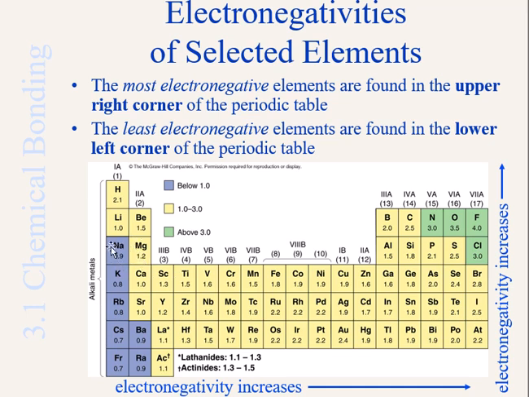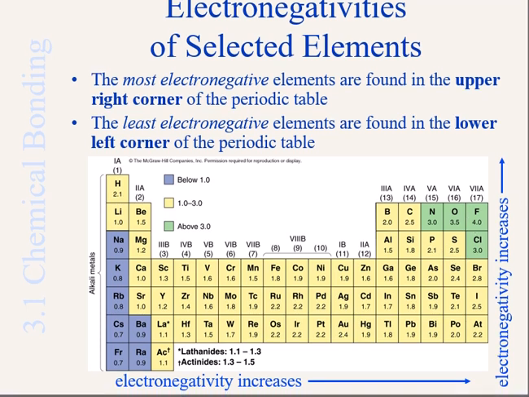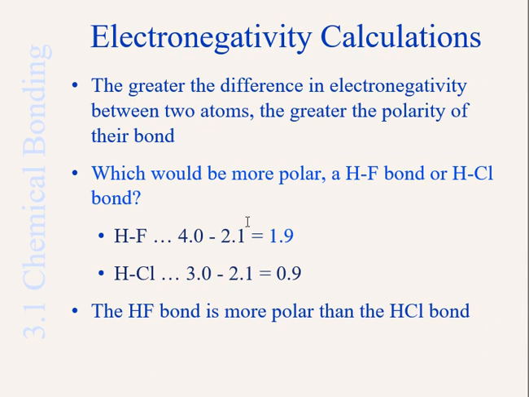Electronegativity values increase from left to right, and they decrease from top to bottom, making this top right portion the most electronegative elements. So how exactly can we use the electronegativity chart to figure out the polarity of a bond?